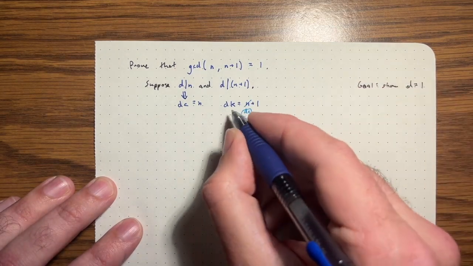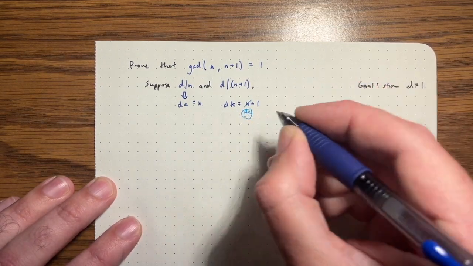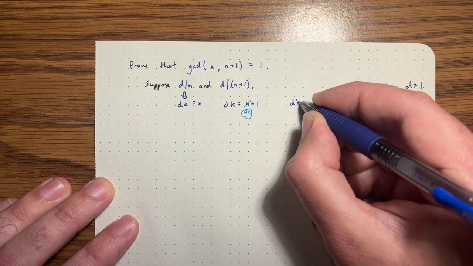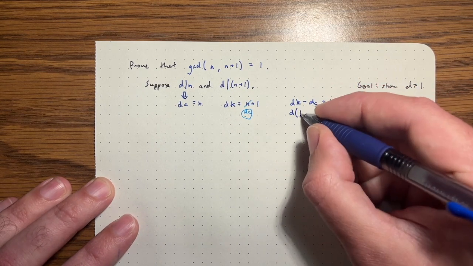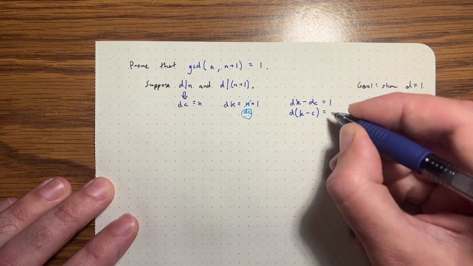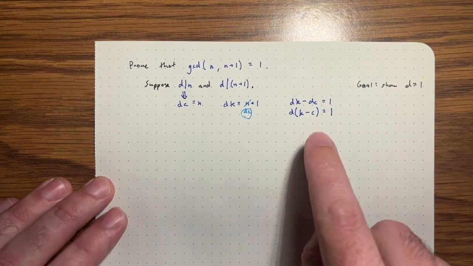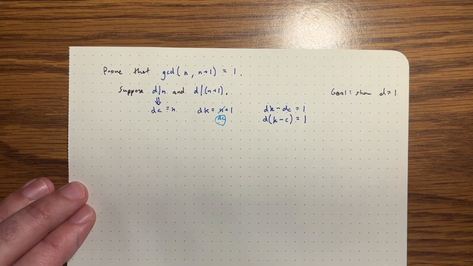Then I can combine these like terms. So I get DK minus DC equals 1, and factor out the D. We've seen this idea many times so far in this lecture. Let's stare at this for a second.